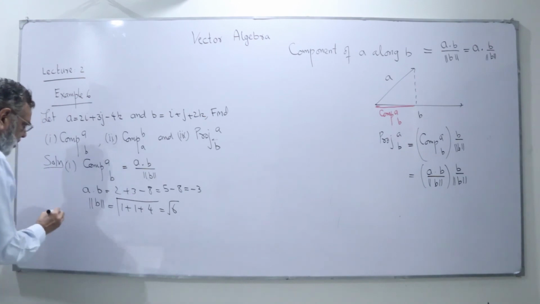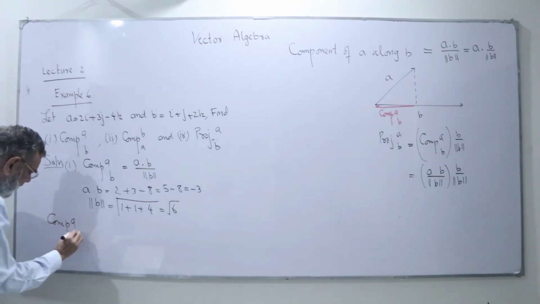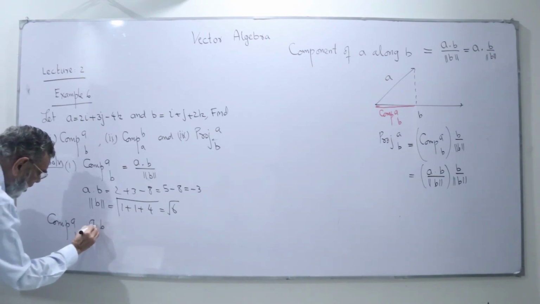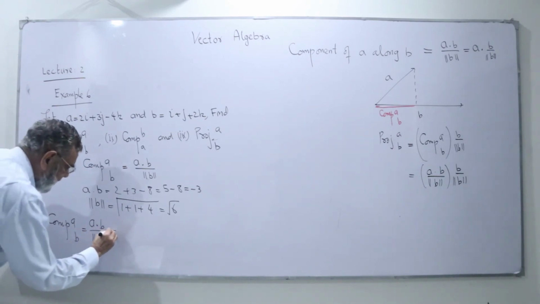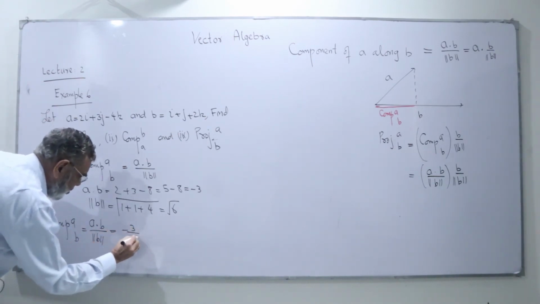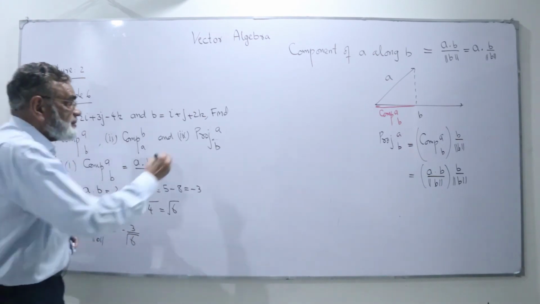So the component of A along B is my A dot B over magnitude of B. My A dot B is equal to minus 3. We get minus 3 over root of 6. That's my solution for the component of A along B.